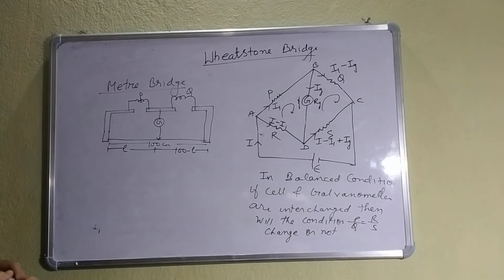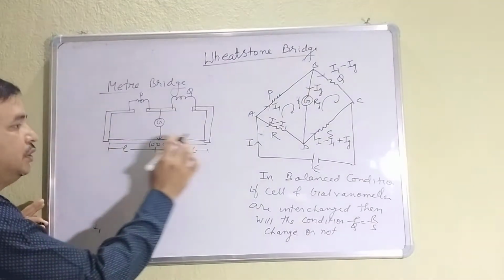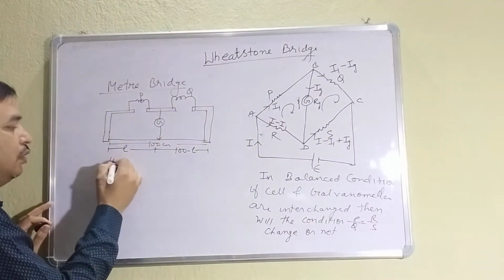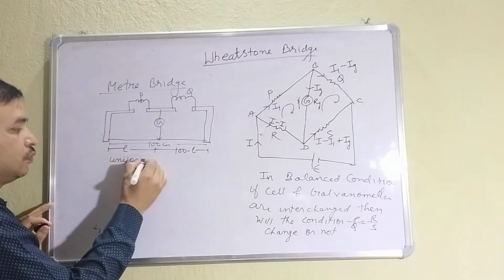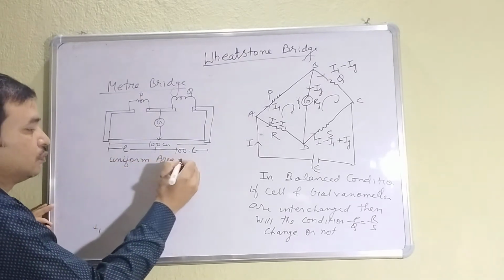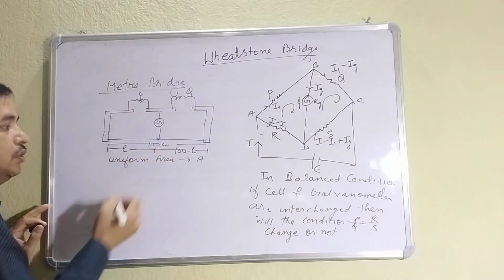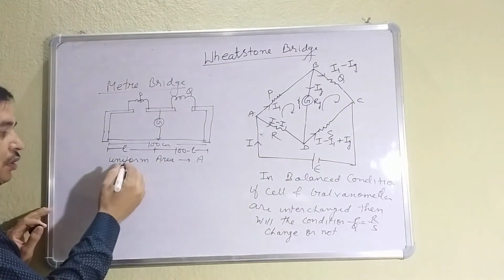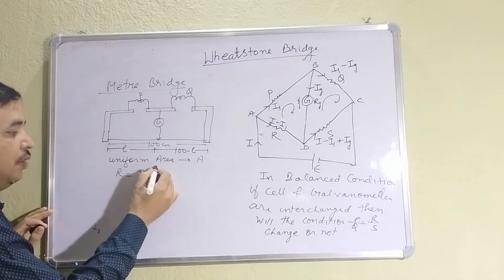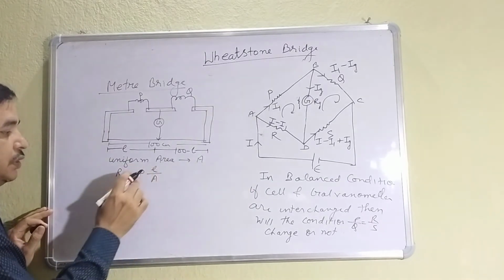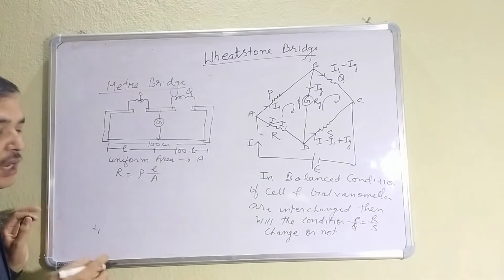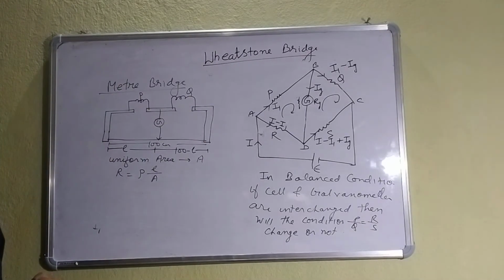All of you know that if this wire has uniform area A, can you find the resistance of this L length wire? The resistance formula is rho L by A. Rho is the resistivity of the whole wire, because the whole wire is made of the same material.